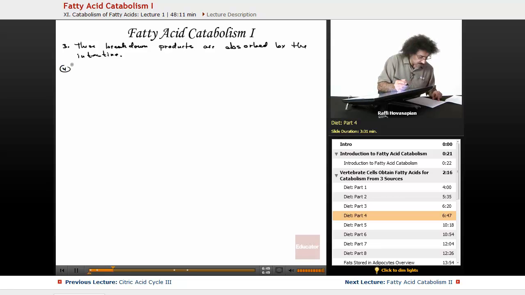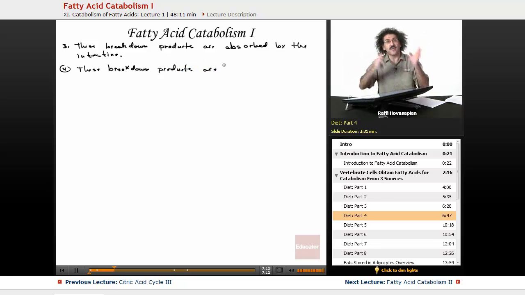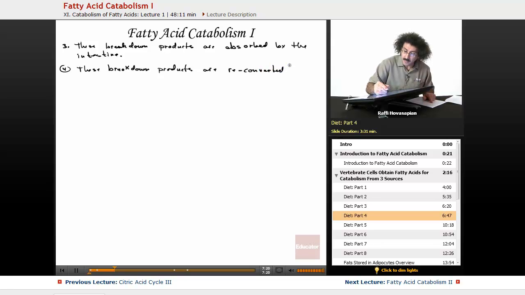Now, number 4. These breakdown products are reconverted back to the triacylglycerols.